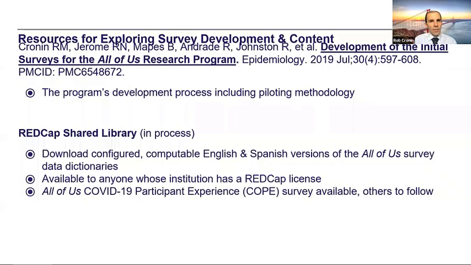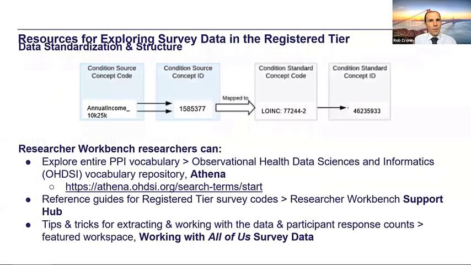We can go to the next slide. The other thing that's important is, how is this represented in our registered tier? There's one thing to say we've got these questions and answers, but how do we put that into something that researchers can use in the registered tier? So what we've done here is we leveraged the Observational Health Data Sciences and Informatics, the OHDSI vocabulary.